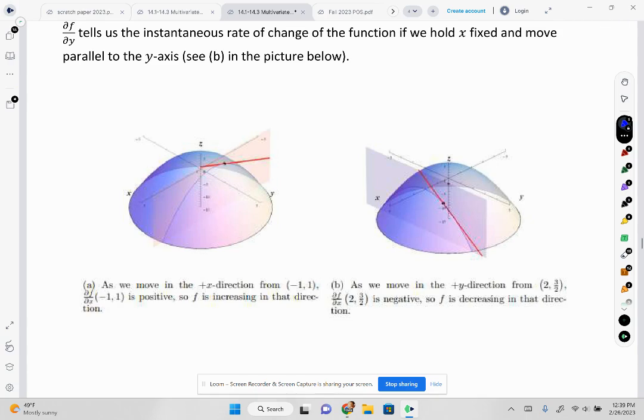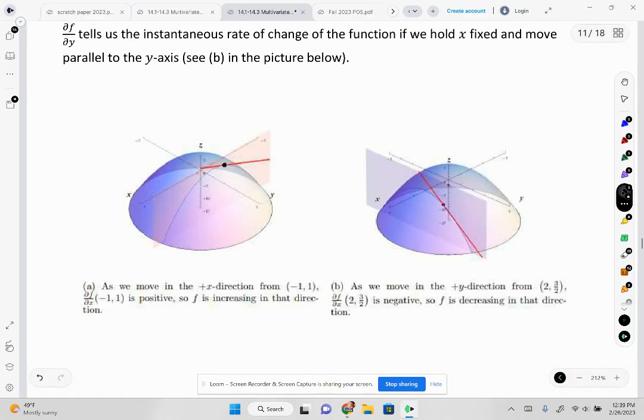In part A, it's saying, as we move in the positive x direction from the point negative 1, 1, so let's see where that is. That's right here. They've labeled it for us. If we move in the positive x direction, we're on this upside down paraboloid, and we would be going up the hill if we were to move parallel to the x-axis from that point.